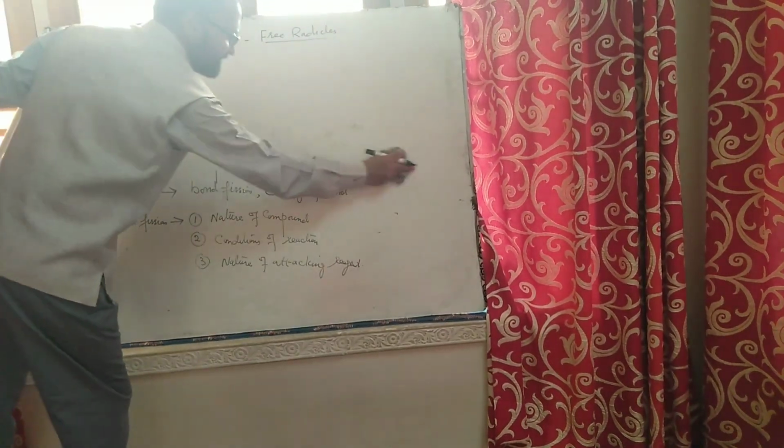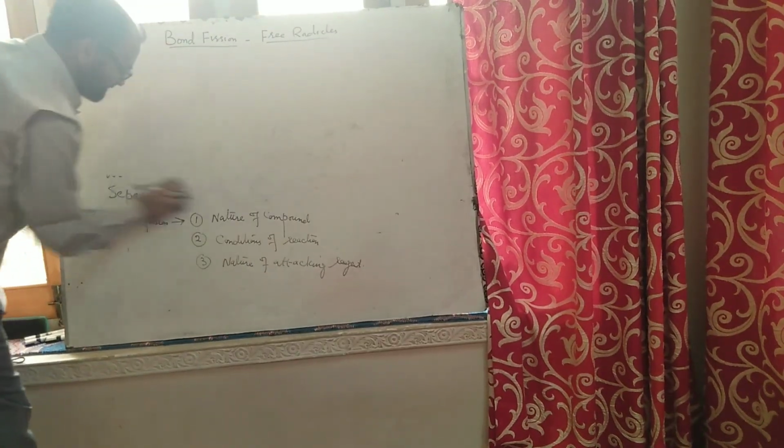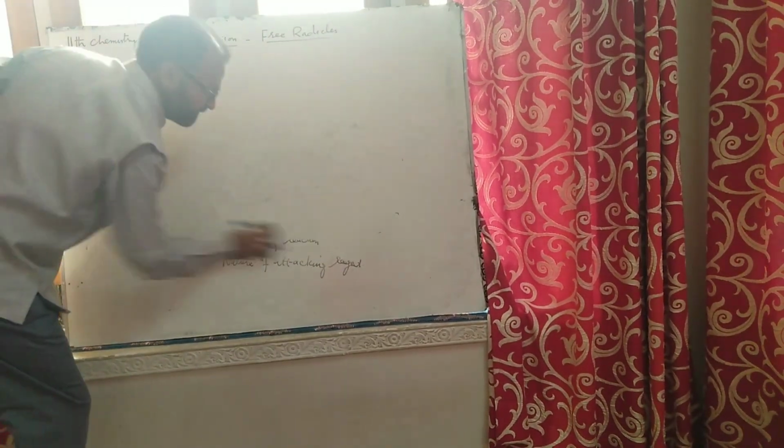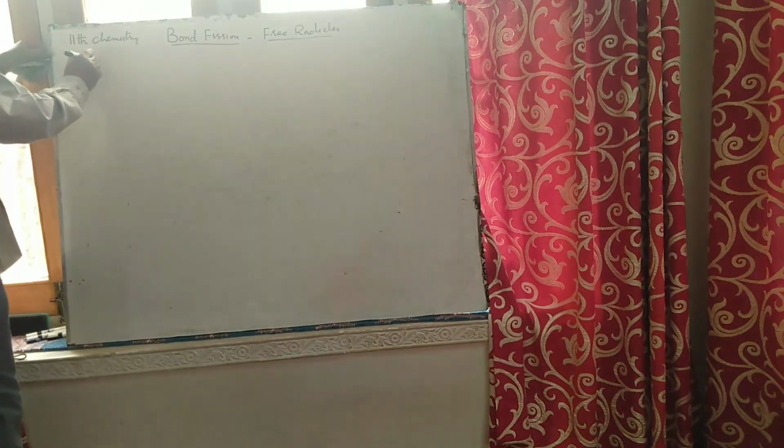Bond fission takes place in different ways. First we will explain the first method, that is homolytic fission.